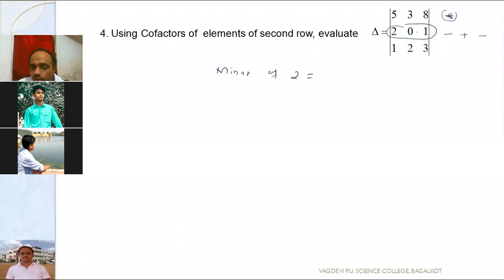If you delete this row and this column, observe. Delete this row 2, 0, 1 and delete the column 5, 2, 1. Why delete 5, 2, 1? Because I'm finding the minor of 2, so that is where 2 is, that column and that row. If I erase this row and column, which numbers are left? 3, 8, 2, 3.